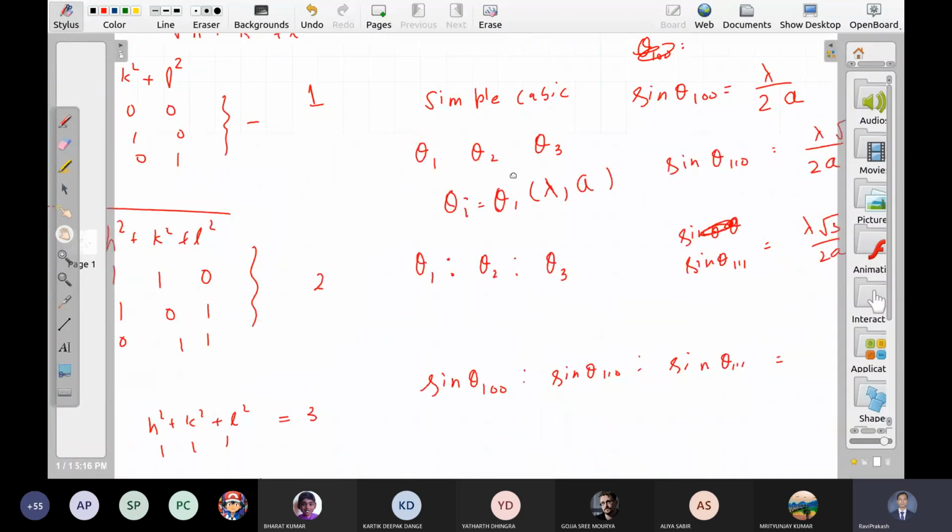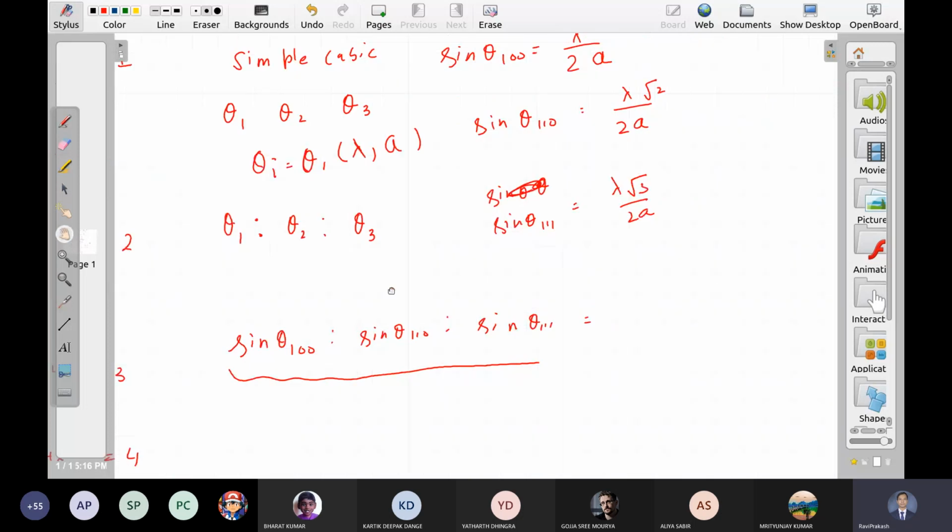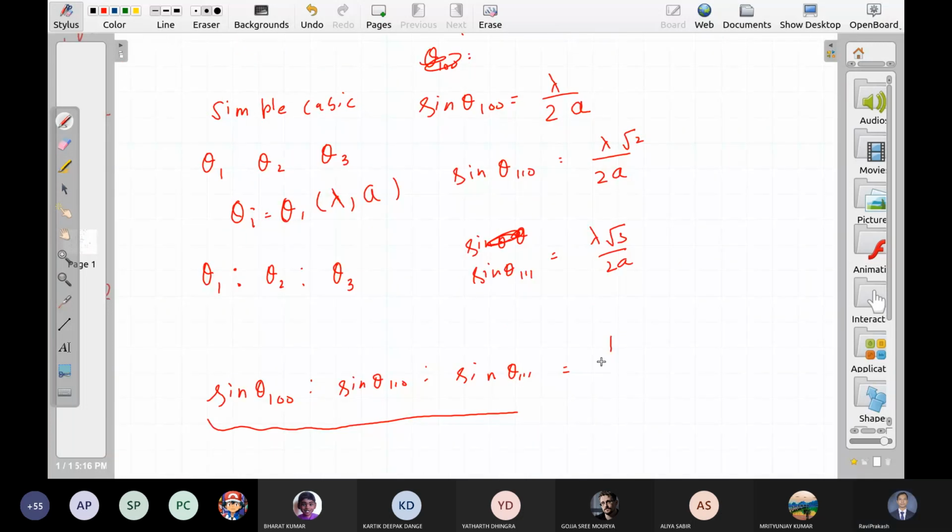Or I can say that this ratio is the characteristic property of simple cubic. I mean, what are the numbers here? Like 1 by 2, root 2 by 2, root 3 by 2. So if I get this ratio in thetas, I can say my lattice is simple cubic. Similarly, calculate the same thing for BCC.